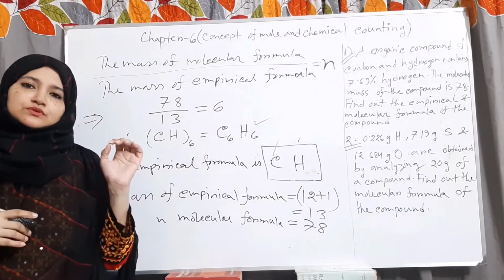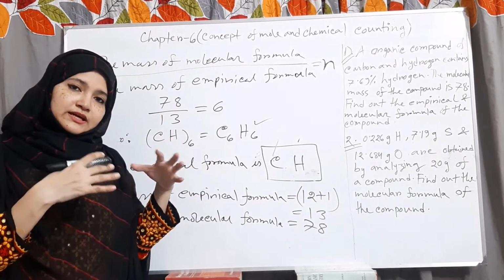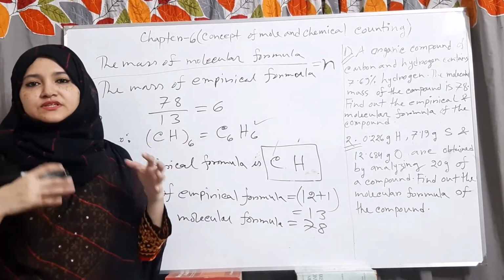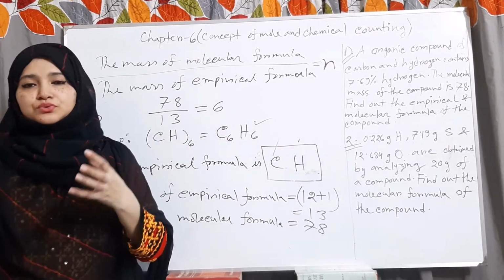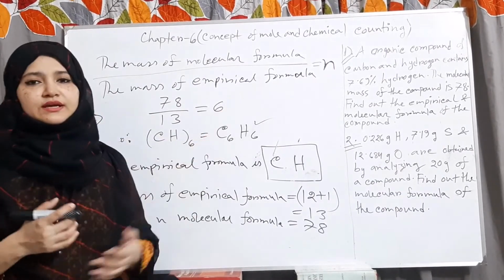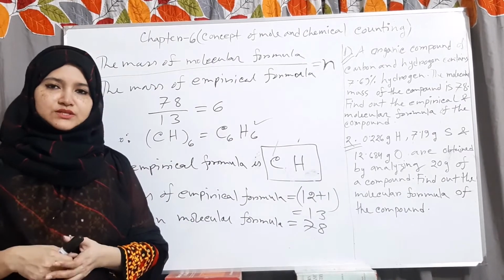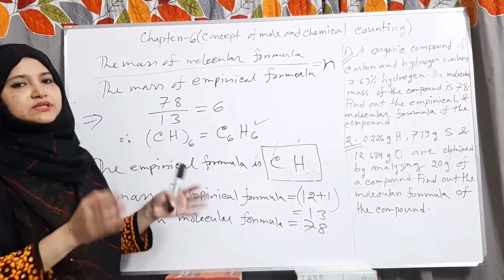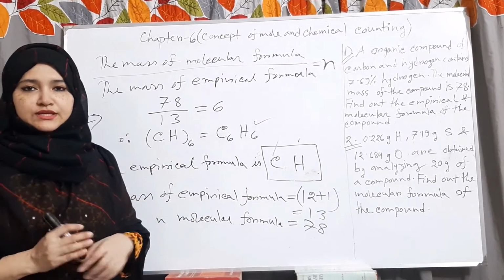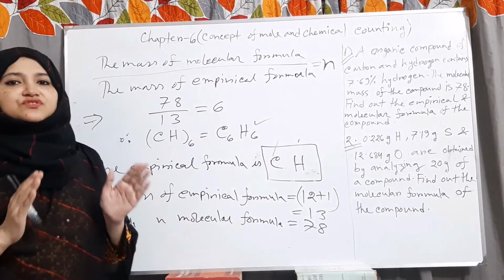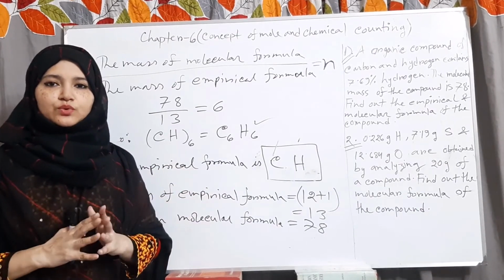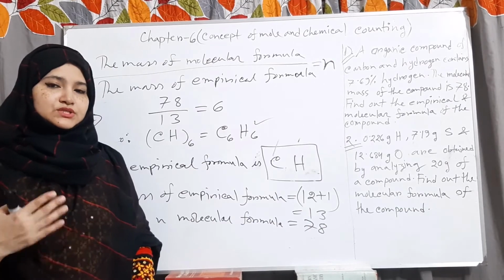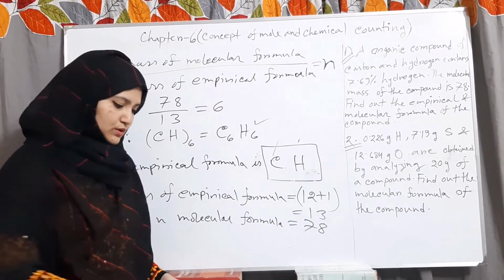That means there are several steps required to find the empirical formula and molecular formula of any compound from percent composition. Then let's try another problem, then it will be more clear to you. In your book, all the steps are very clearly explained. So you have to read this and practice with some other compounds.